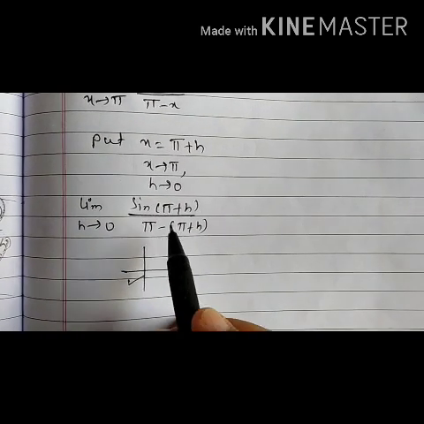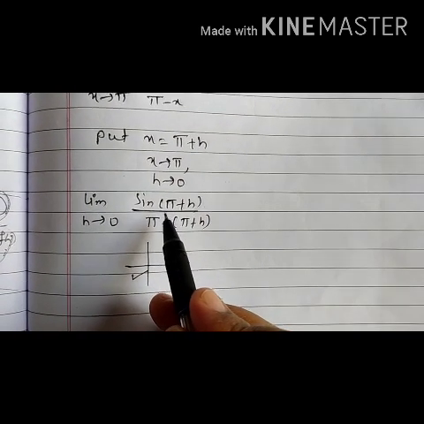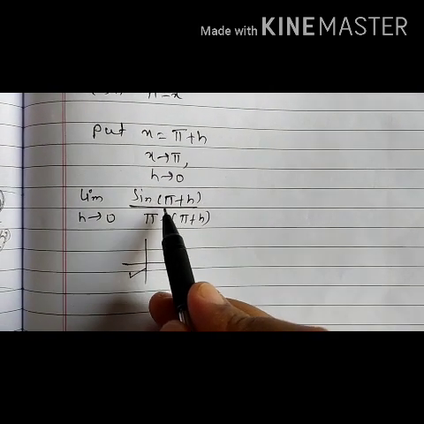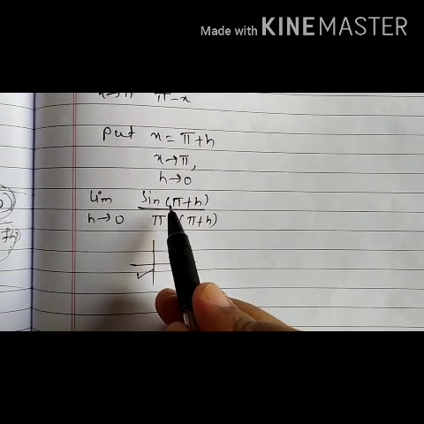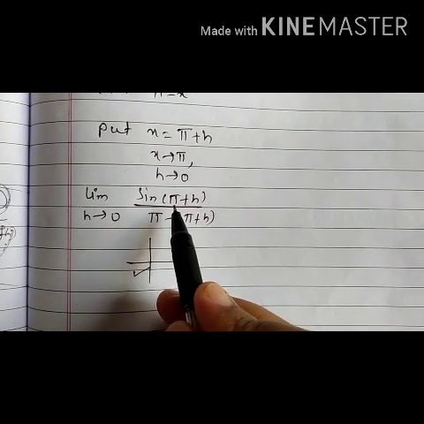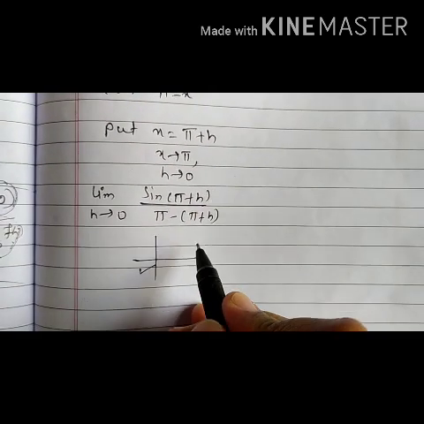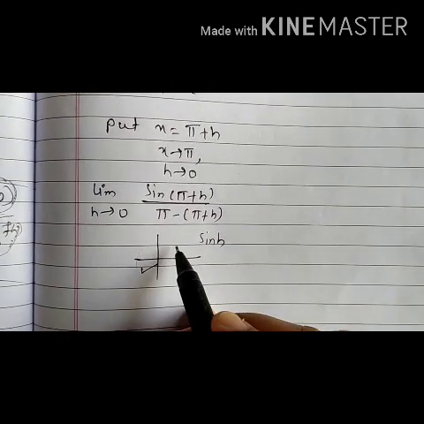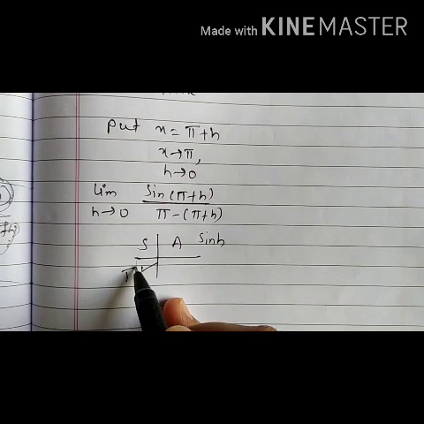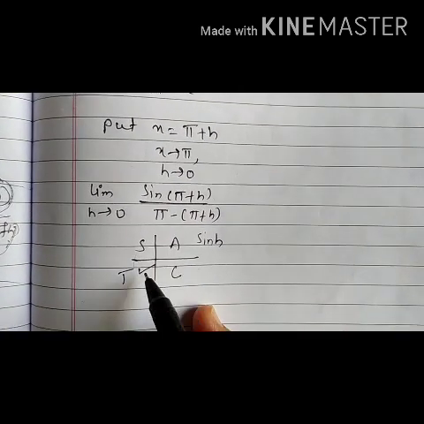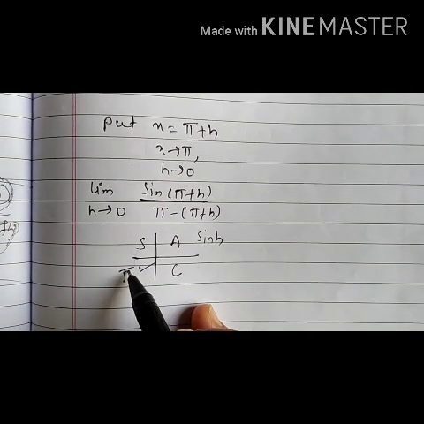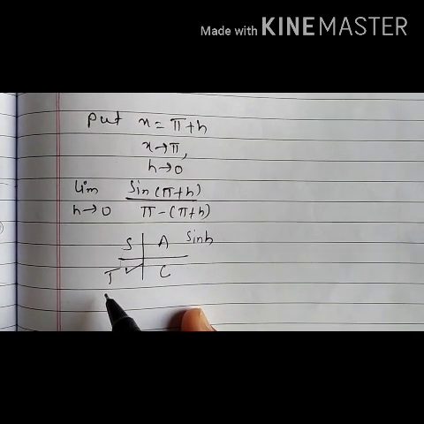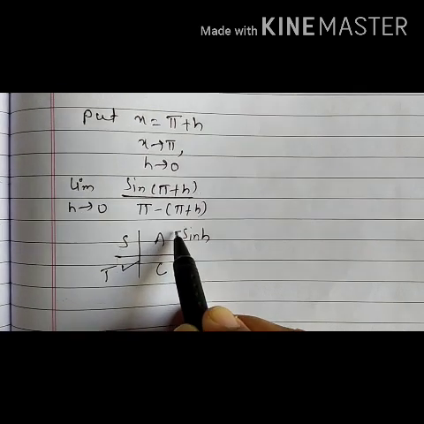I have told you that when it is an odd or even multiple of pi by 2, pi means we can write 2 pi upon 2, so it is an even multiple of pi, so it will be sine only, sine h. Now in the third quadrant only tangent and cotangent functions are positive, so the remaining are all negative, so it will be minus sine h.